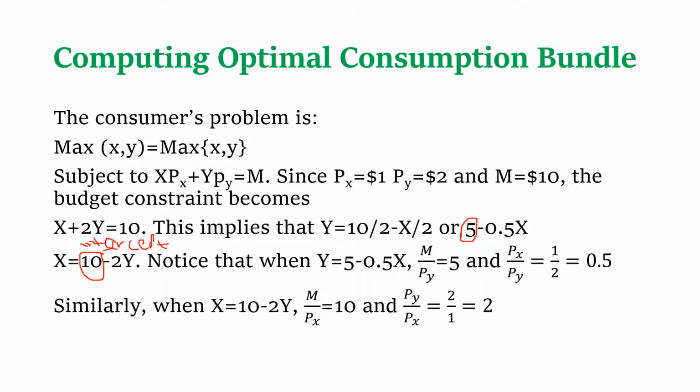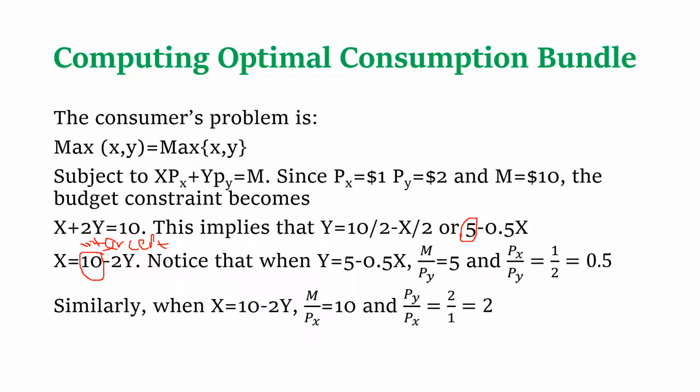So we have that. Then this 2 is the same as 2 over 1, which is the price of good y over the price of good x. So that is the relative prices. In other words, it's the slope of the budget line.